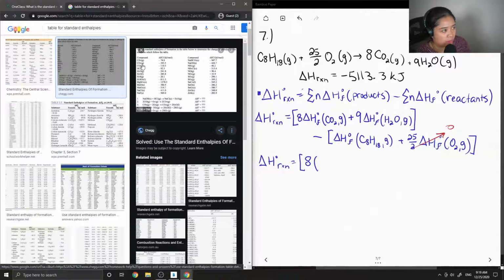So first we're looking for carbon dioxide gas. Its delta H of formation is negative 393.5 kilojoules per mole. I'm just going to write that down.